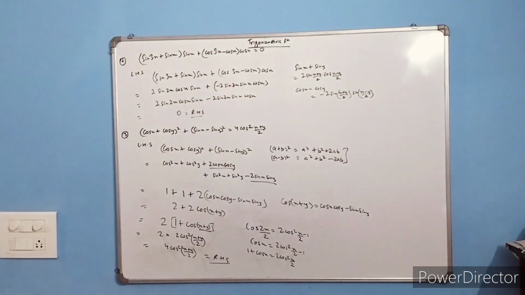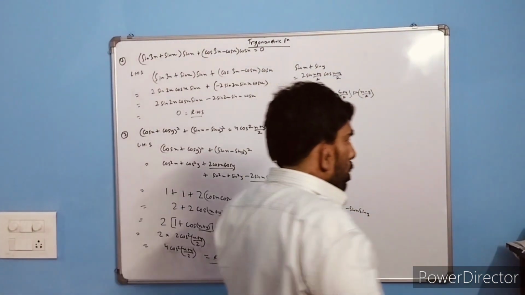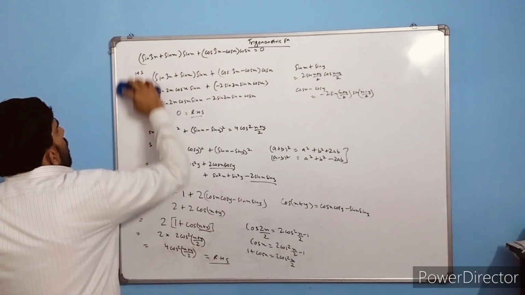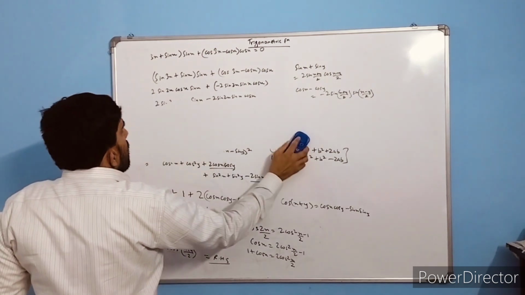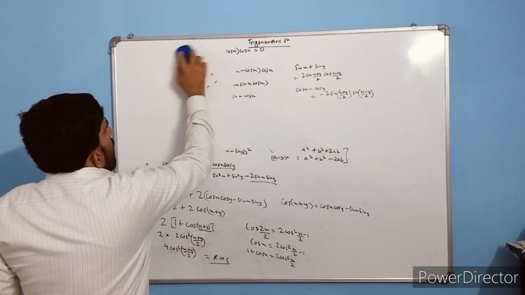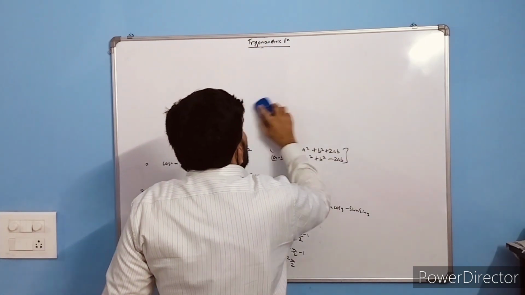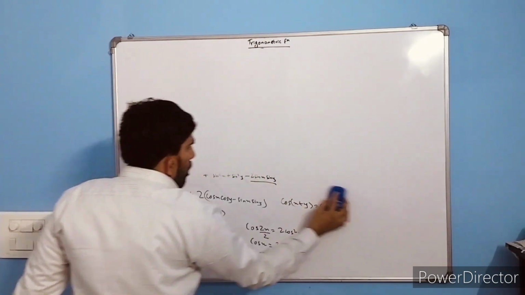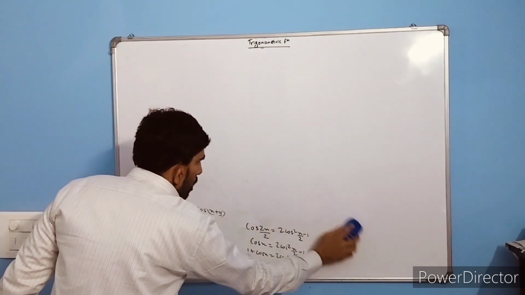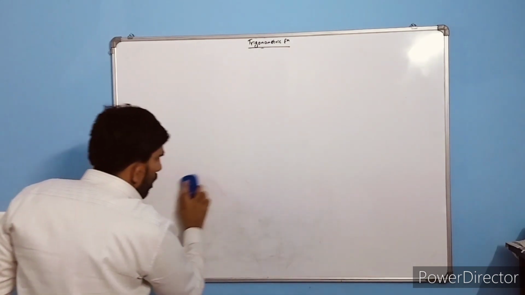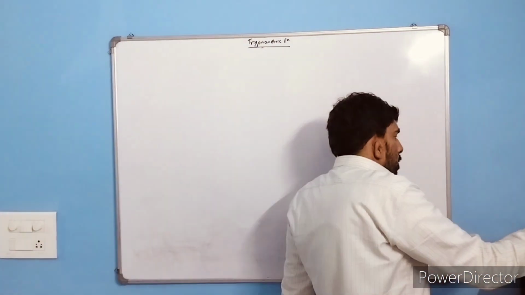Okay, so now we'll try to solve another numerical. We have solved 3. Now we'll solve the next one. Let us see what they have given in that. Now see, the 4th numerical we have.